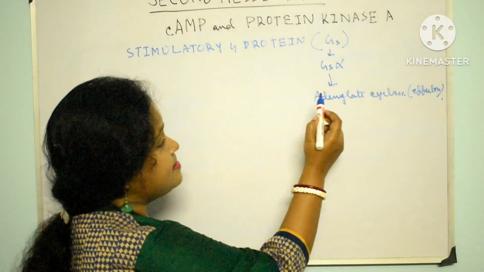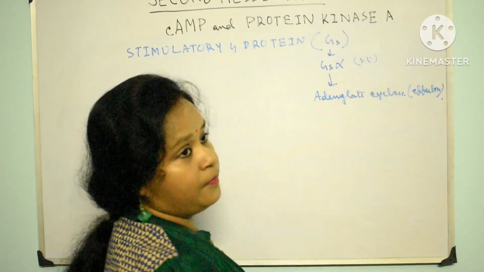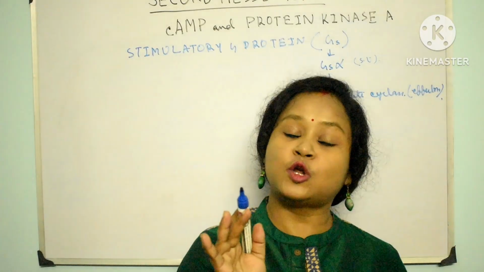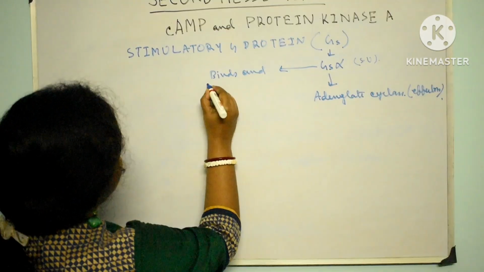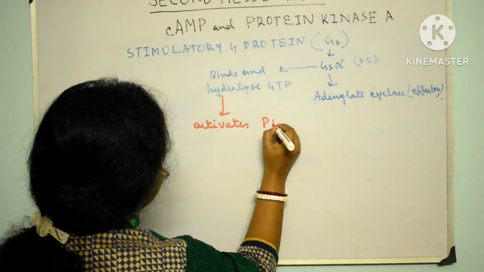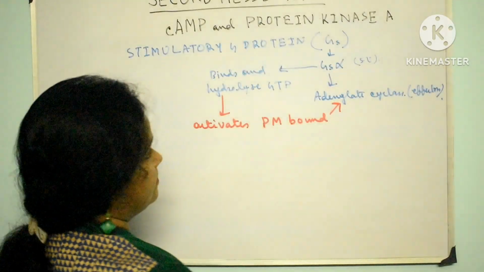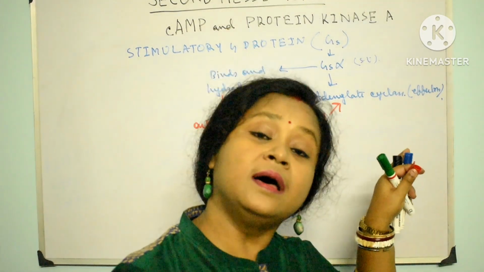Next, this Gs alpha subunit binds and hydrolyzes GTP, and activates the plasma membrane bound adenylate cyclase. This adenylate cyclase is bound with the plasma membrane.